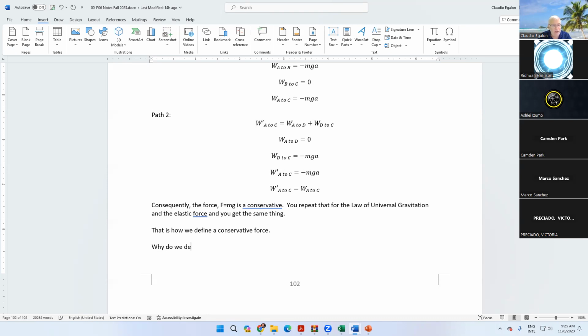Why do we define conservative and non-conservative forces? There's a reason. We do that because there is another type of energy that we call potential energy.